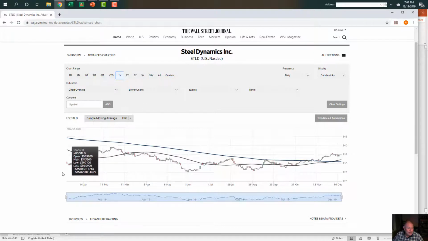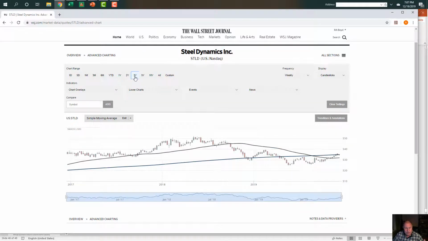Now, when we look at it from here, it was hard for it to go over 50. So that sort of was its resistance going over. Here, we see it provided some level of support in the market. We look at it on a 3-year basis.